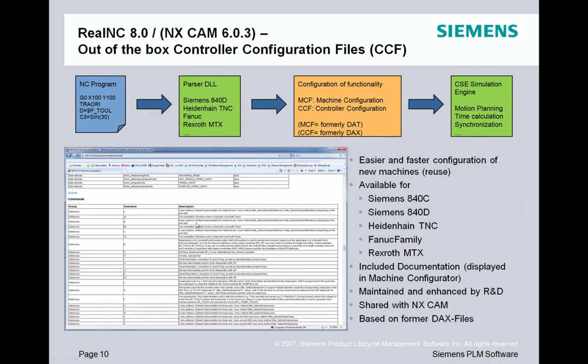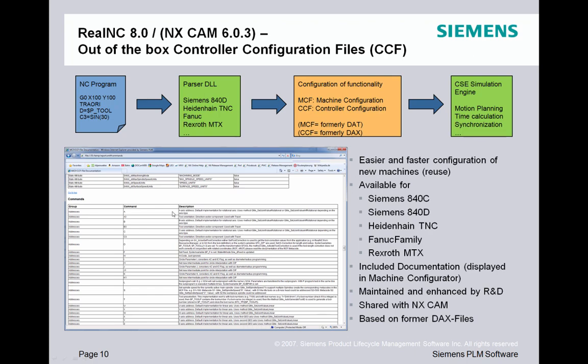Like I said, a big point is the out-of-the-box controller configuration files. We have a lot of CCF files for common controllers: 840D, Heidenhain ClearText, the TNC, and the FANUC family. We don't deliver these with NX, but we also have CCF files available for the Siemens 840C, the older one, and the Rexroth MTX controller from the Bosch group.